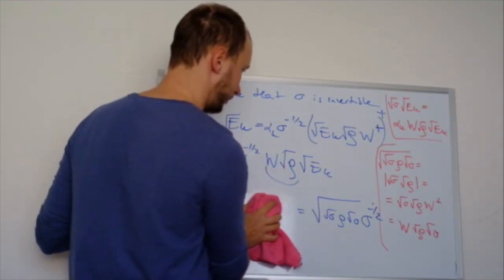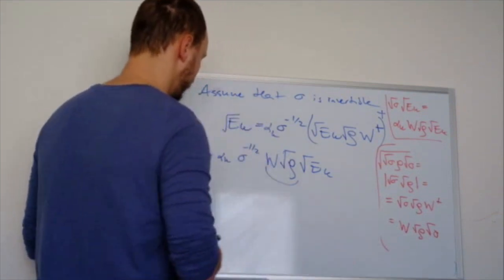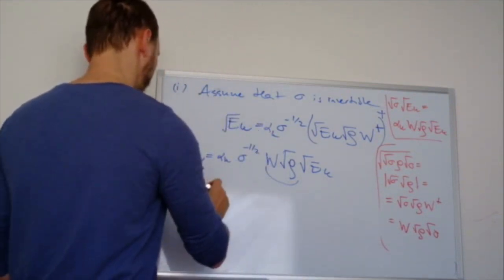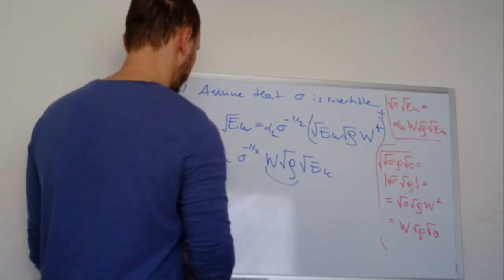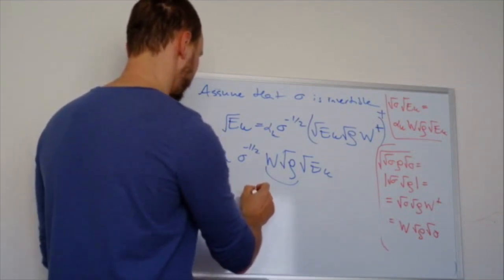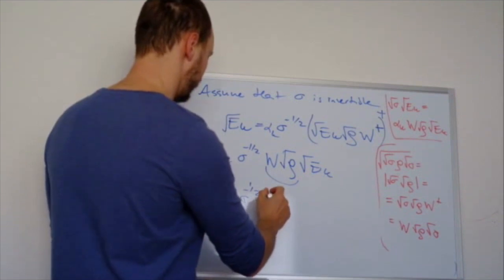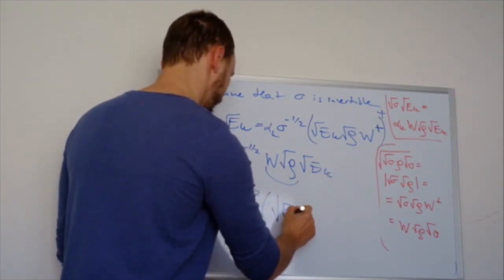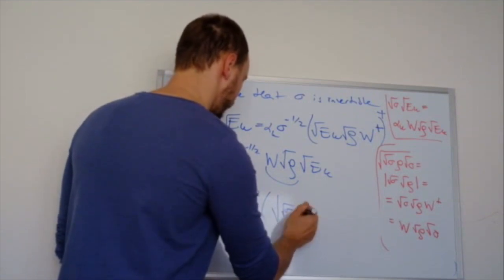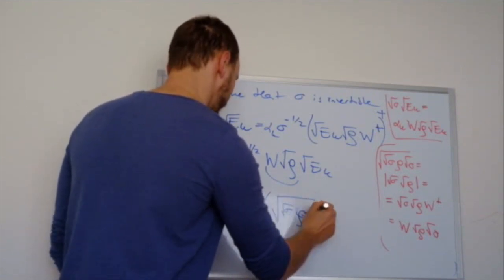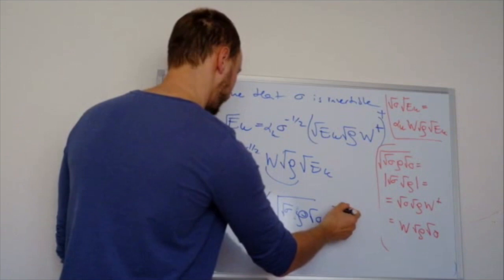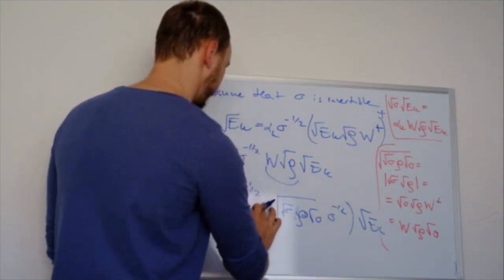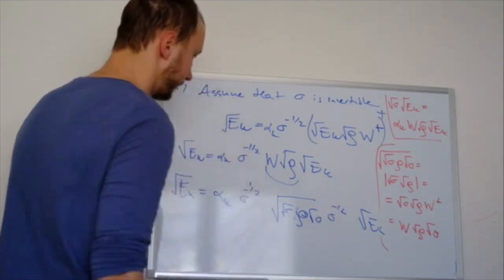We get that E_K, the P1 element, is proportional to sigma minus 1/2 times, here we get our story, so square root of sigma, rho, square root of sigma times sigma minus 1/2 square root of E_K. Okay, and let's remove that.